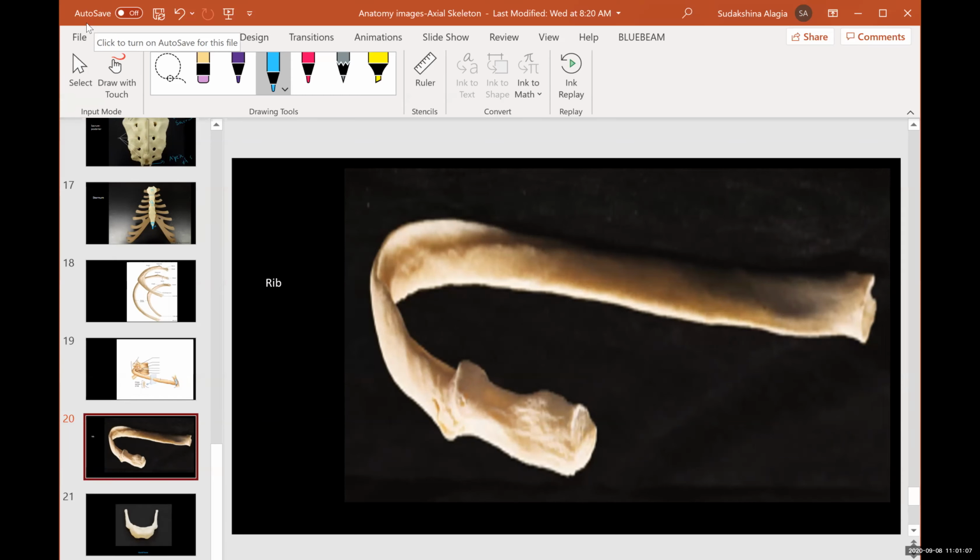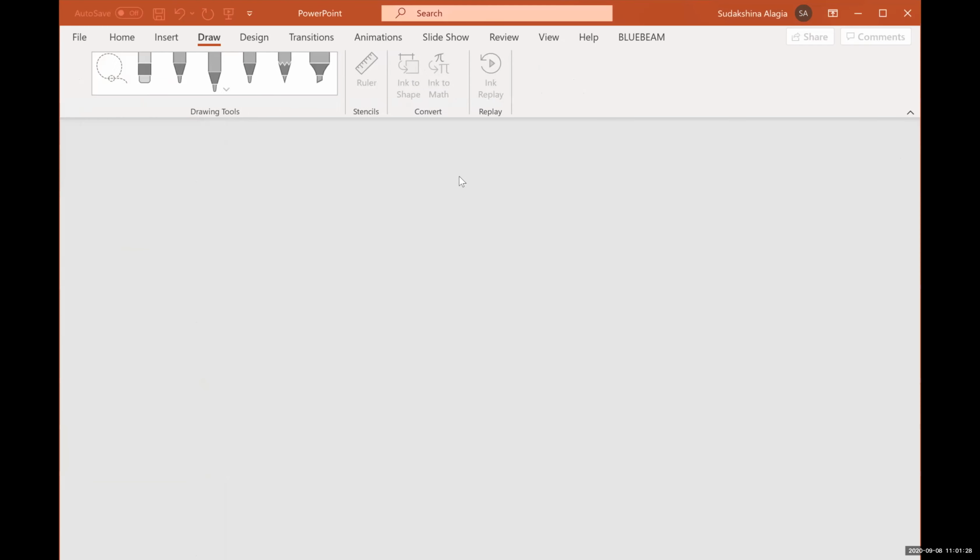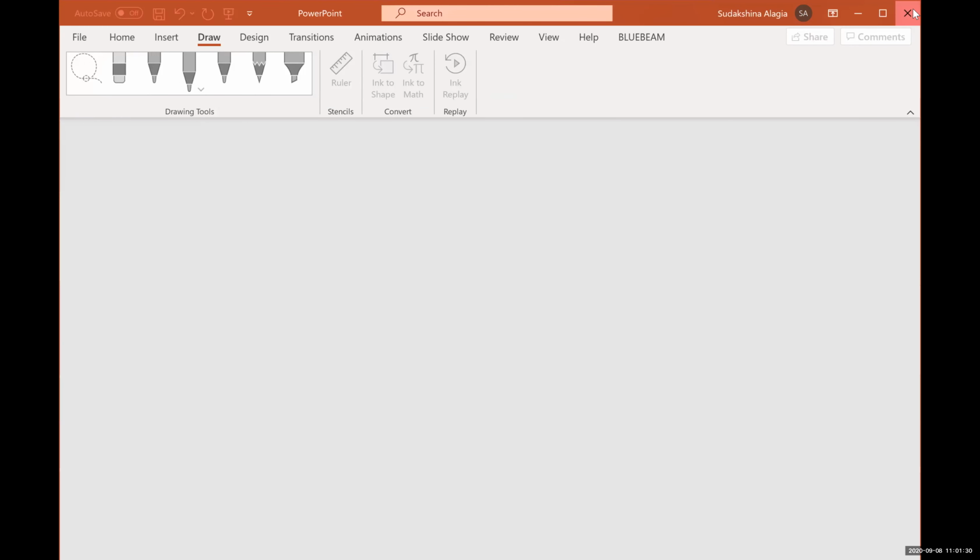Okay, so then I'm going to move on to the pelvic, sorry, I keep saying pelvic for some reason. Pectoral girdle today. The mouse stopped working for a second. So I'm going to bring up the other file. Okay, screen sharing has stopped.